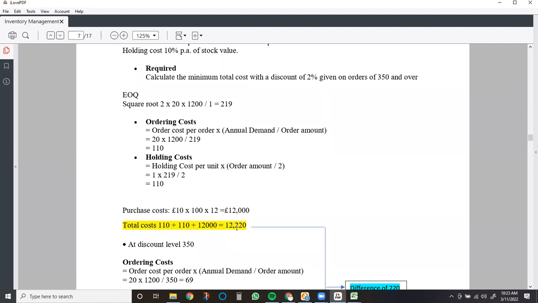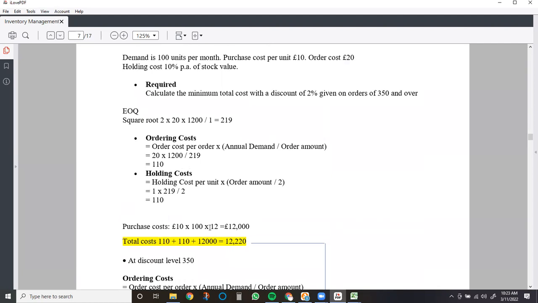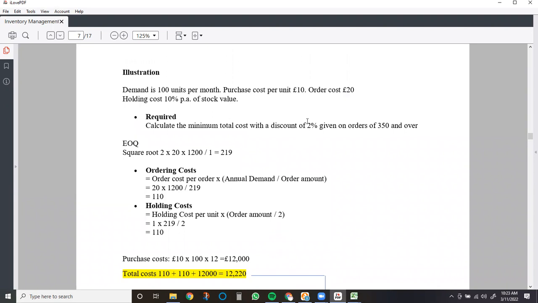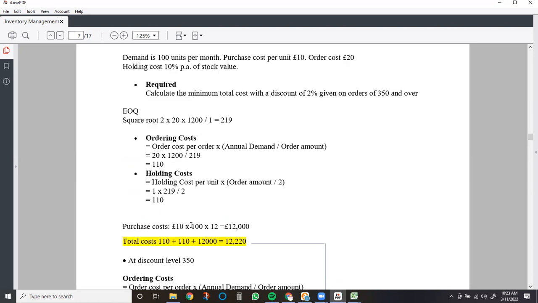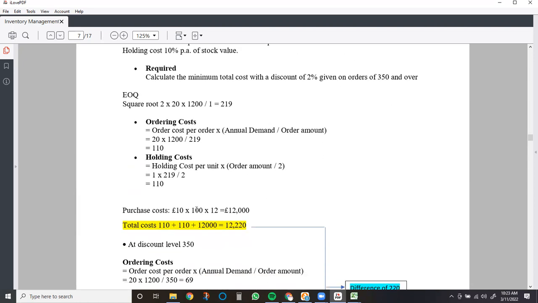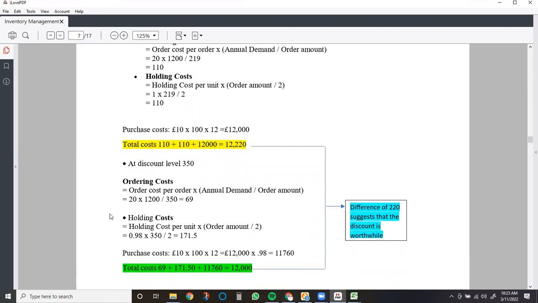Now, the purchase cost is 10 by 100 units a month by 12, so the total purchase cost right now is 12,000, and therefore the total cost is 12,220.